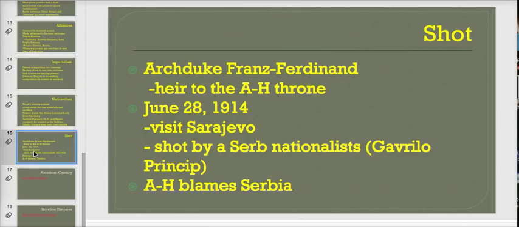So for our fire, now our spark, the thing that sets it off, is the death of Archduke Franz Ferdinand, who is visiting Sarajevo, which is in Bosnia-Herzegovina at the time, a territory of Austria-Hungary. He is to be the next ruler of Austria-Hungary.